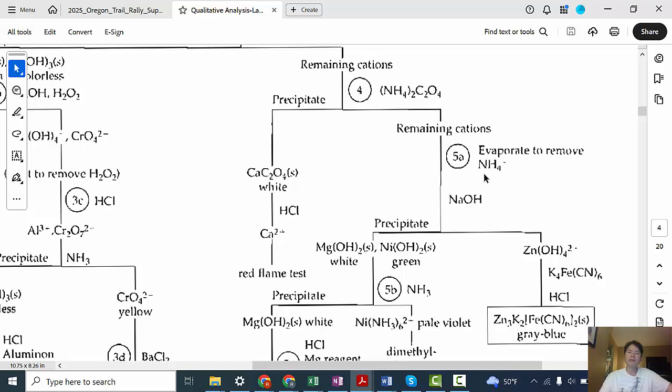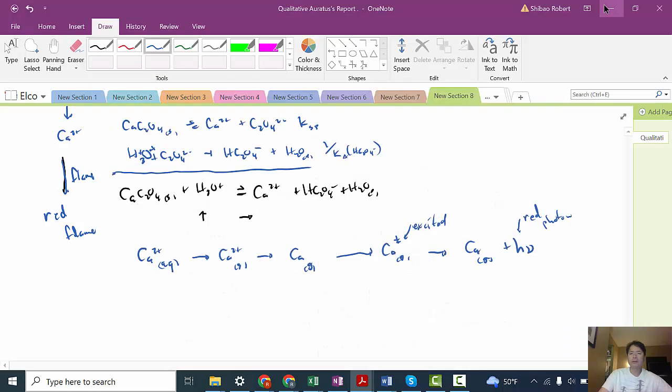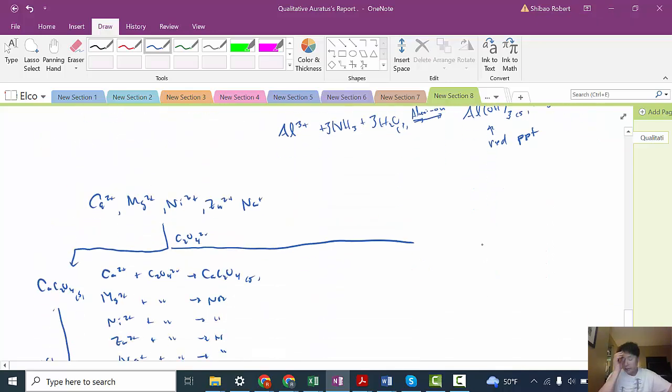If there's a lot of ammonium in there, then the sodium hydroxide could potentially react with the ammonium, and so you have to add a lot more sodium hydroxide. So if we take the ammonium and then heat it, probably what we'll do is we're going to dry that off, probably as ammonia.